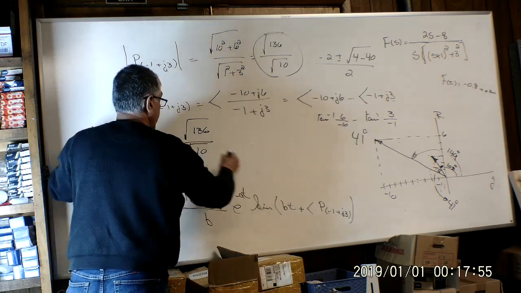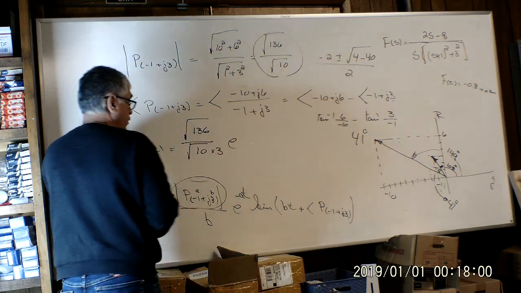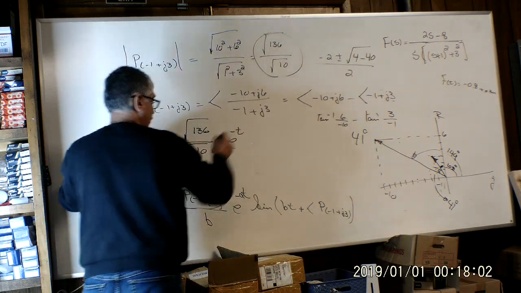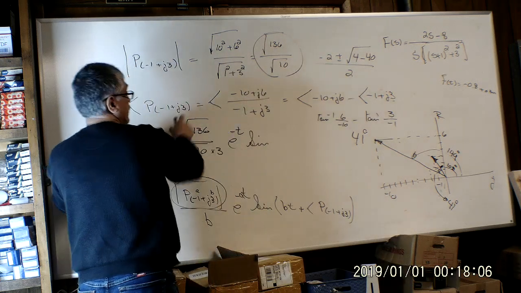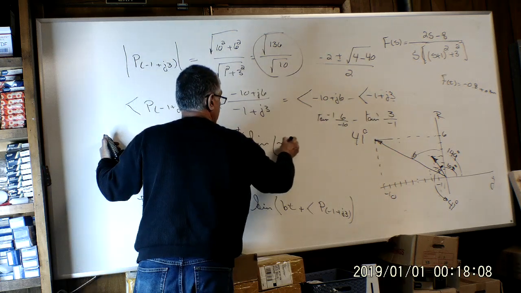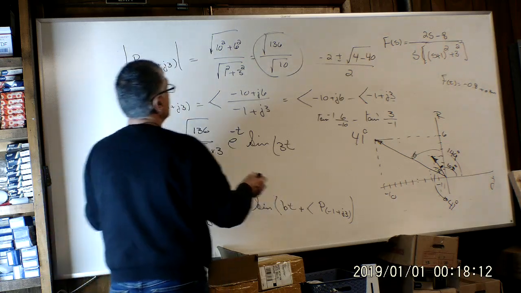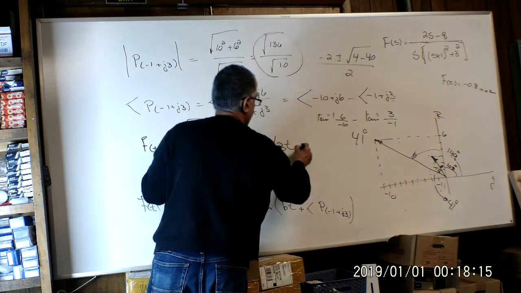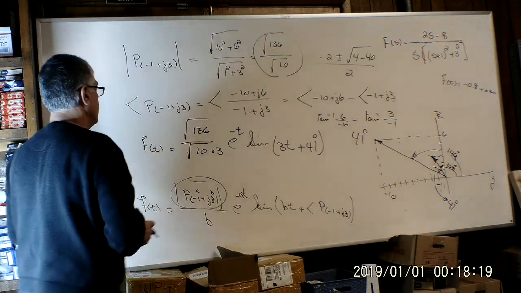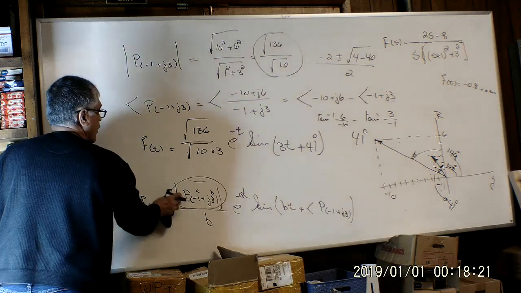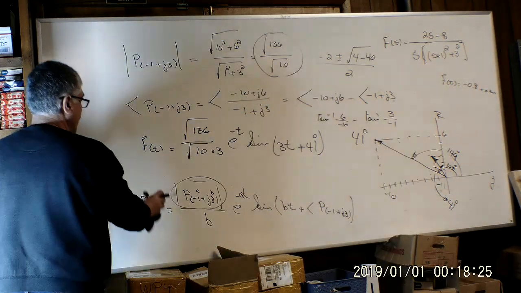Our b is 3, multiplied by e to the power minus t sine of bt, or b is 3, sine of 3t plus 41 degrees. So this is our function associated with our complex number.